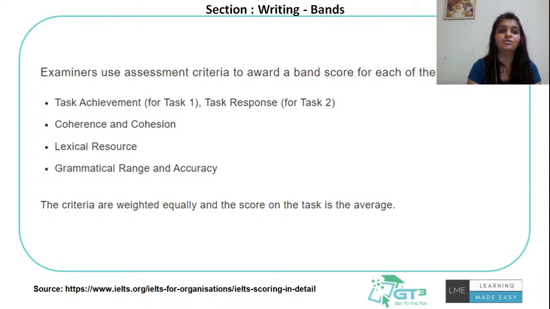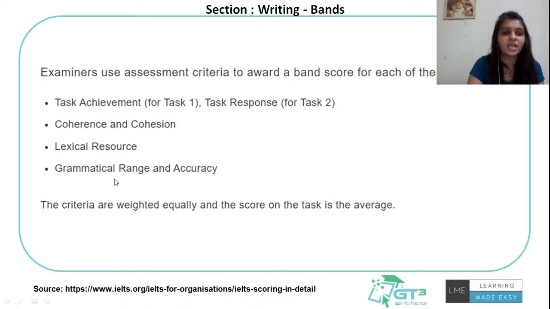Apart from that, you should always know where exactly a lexical resource fits, because sometimes there are two meanings of a single word, and if you place it in the wrong direction, you might lose bands. And it's not necessary that IELTS is looking for more high vocabulary. It's always looking for sufficient vocabulary. So you need to understand this point.